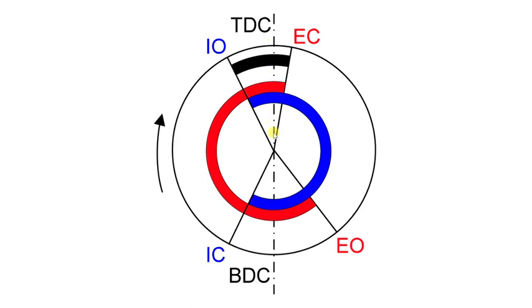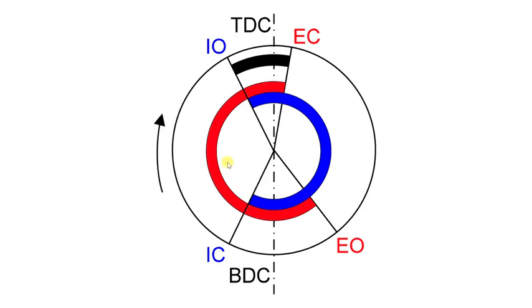The straight vertical line here is 0, so 180 to the lower straight line, and about 200 or 210 here. So at 210 degrees, the air inlet valve has closed. So now we can see we've ended on IC.